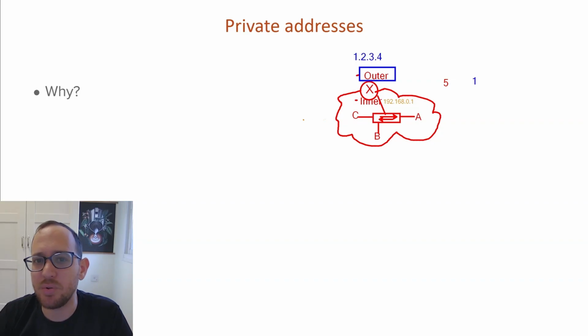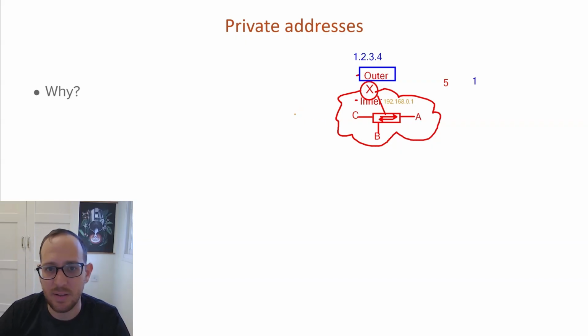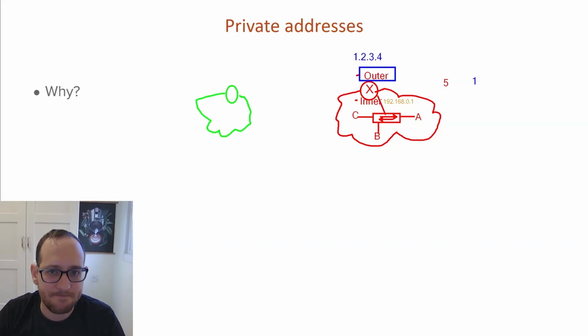Why can't it be routed? Because if this network lives, say, in Italy, and we have another network, say, in France, let's have the green network in France, and the router here sends a packet to another router on the internet, sends a packet with the destination of 192.168.0.1, this router can't know what to do.